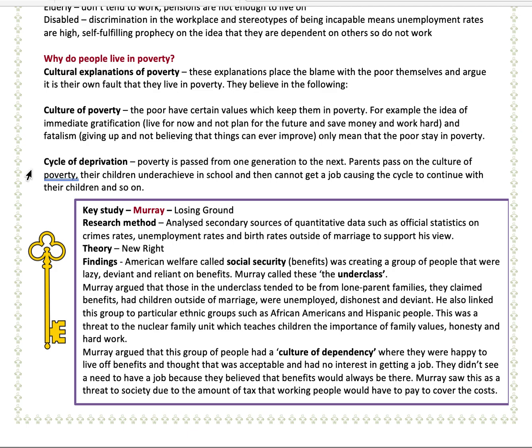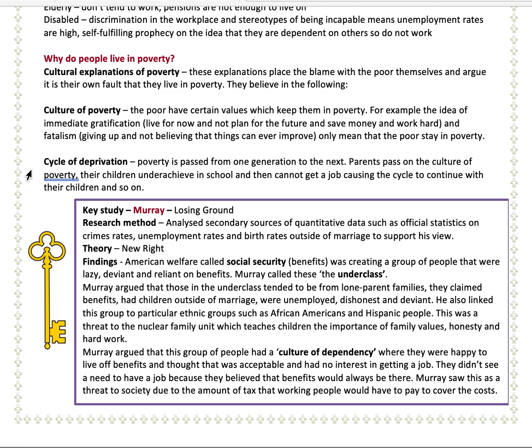He used quantitative data, so official statistics released by the government, so secondary data. He looked at the relationship between things like crime rates, unemployment rates, divorce and births outside of marriage. He found that as more people were getting divorced and lone parent families were increasing, so were the crime rates and the unemployment rates.